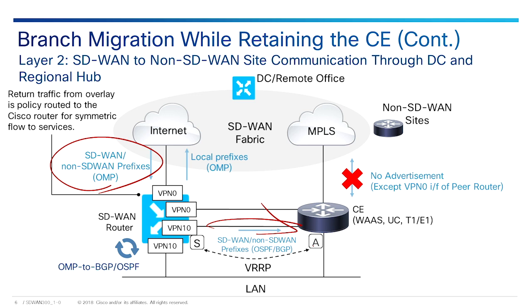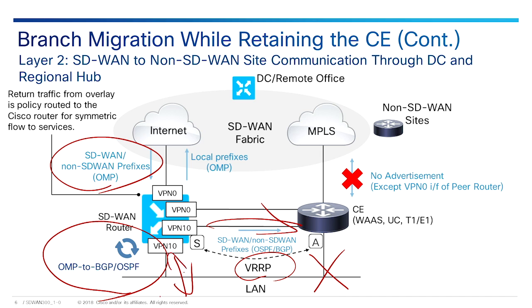The CE does not announce any local prefix, with the exception of the VPN 0 interface of the SD-WAN router. So all of our communication to the inside of the network is done on the SD-WAN router. There's no routing done this way at all, other than the fact that VRRP is being run. So even though this is my default gateway, all the advertisements back and forth are through this router.